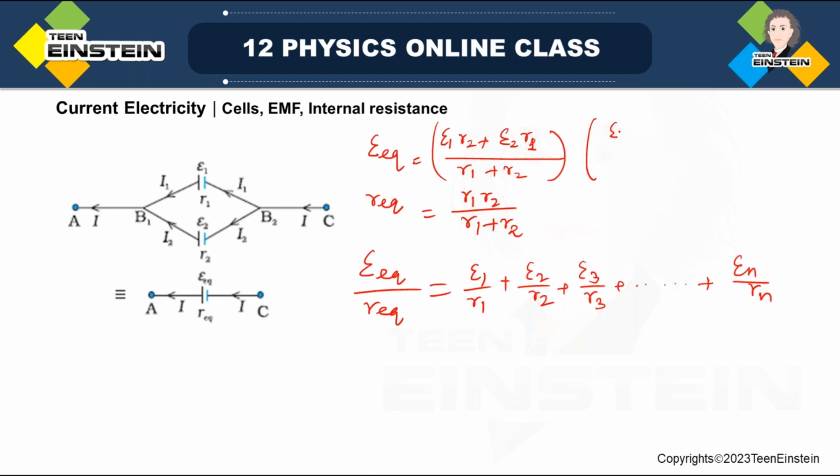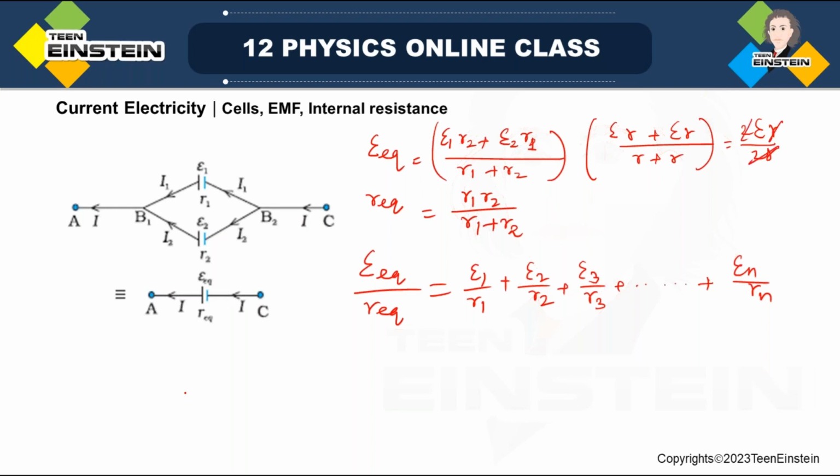If these are E and E and the resistances are also the same, then it is ER plus ER divided by R plus R, which is 2ER divided by 2R. So you get the same.